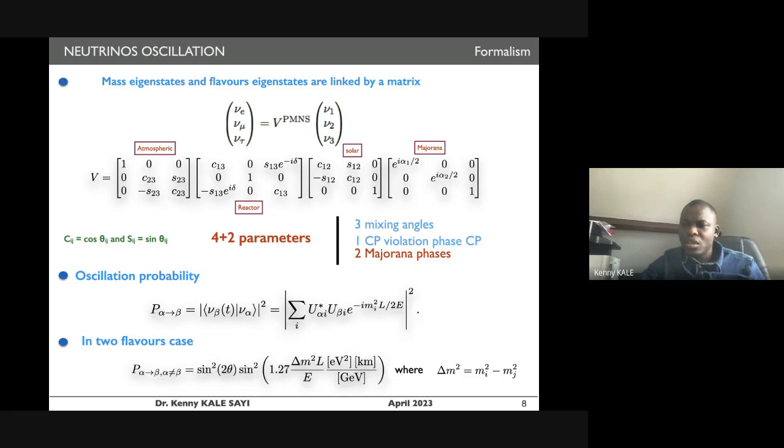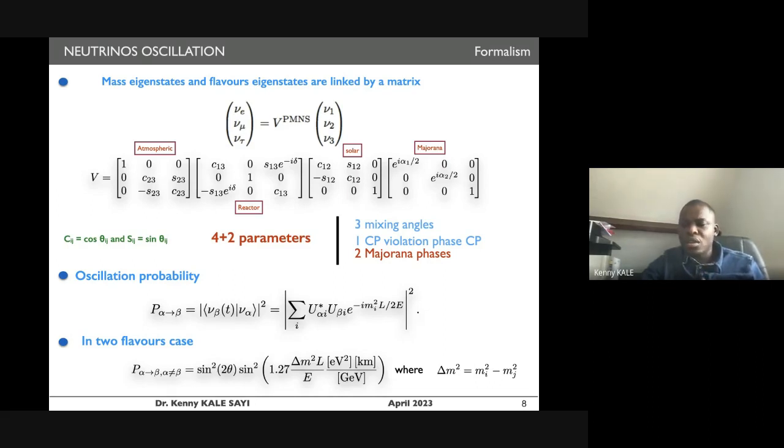And this is a very wonderful demonstration that the equations we have in the Standard Model are not satisfying, because we have to take into account the fact that neutrinos oscillate. And if we take into account that they oscillate, this implies that neutrinos have mass.